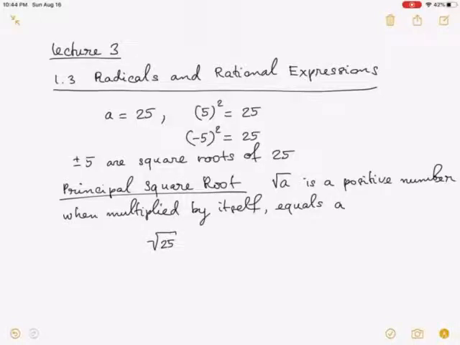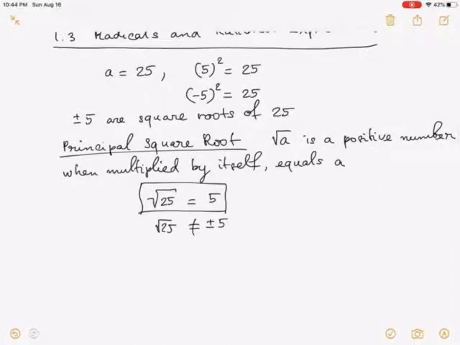That means the principal square root of 25 is 5. So it is not correct to write that the square root of 25 is plus or minus 5. Only this notation.